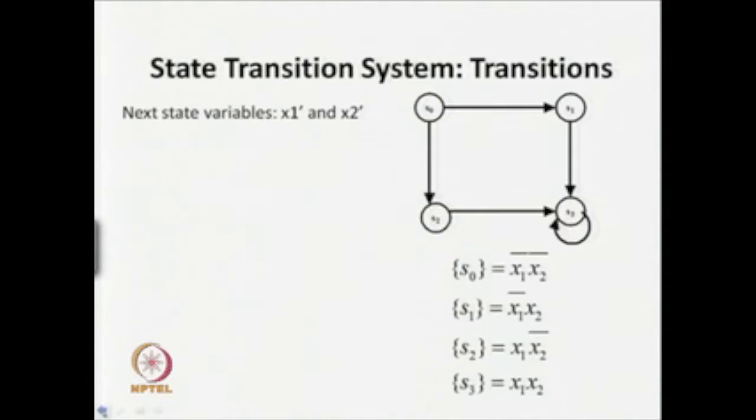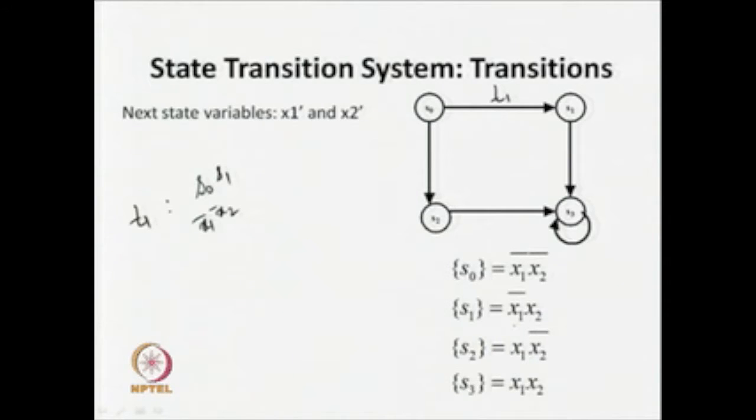Now, already I have said that this is your transition T1. Transition T1 is nothing but from S0 to S1. Okay. Now, what is your S0? I am saying that S0 is x1 bar, x2 bar, and it is going to the next state S1.